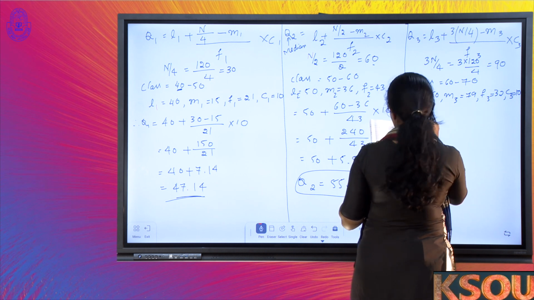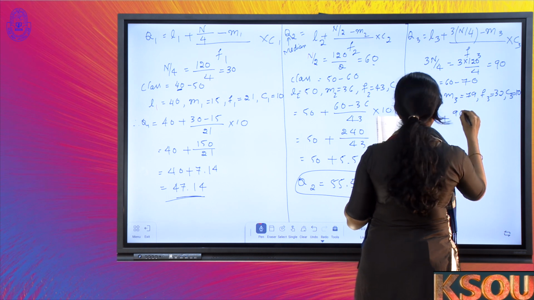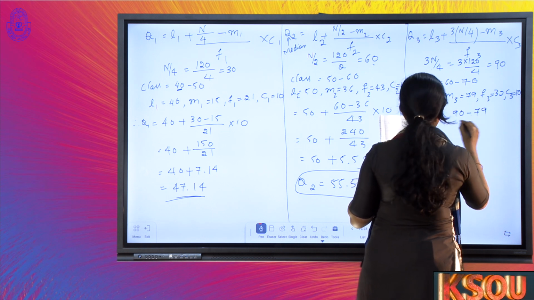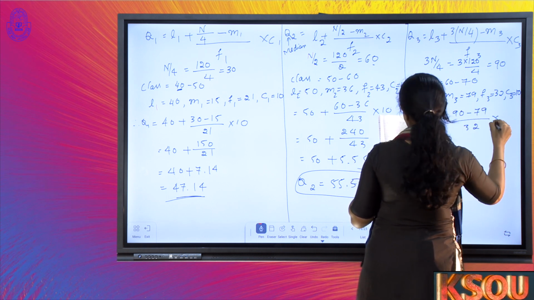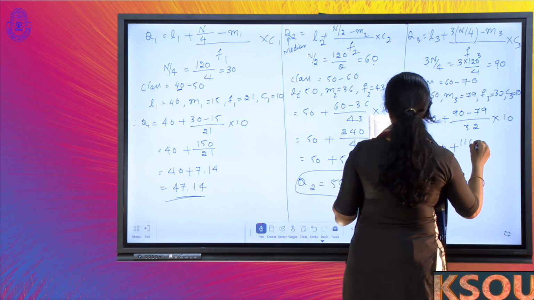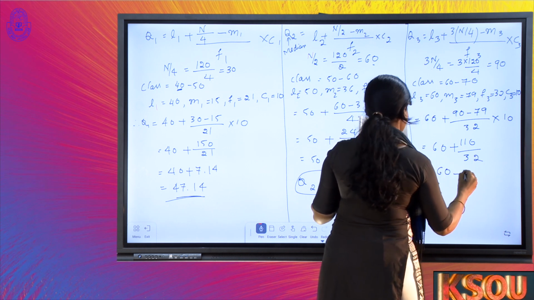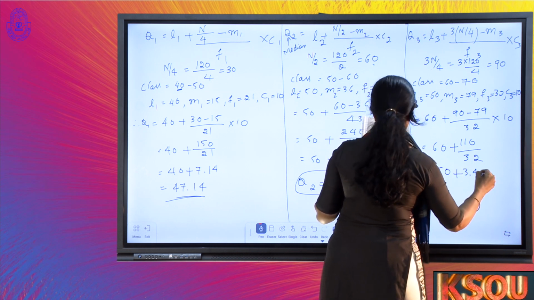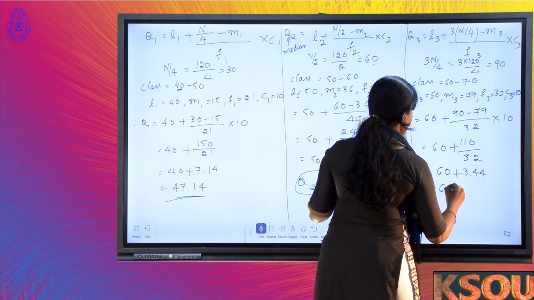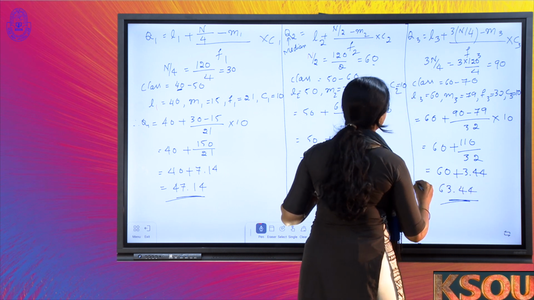After that you will have to substitute the values here. So, 60 plus 90 minus 79 by 32 into 10, that is 60 plus 110 by 32. So, 60 plus 3.44, that will give you 63.44.